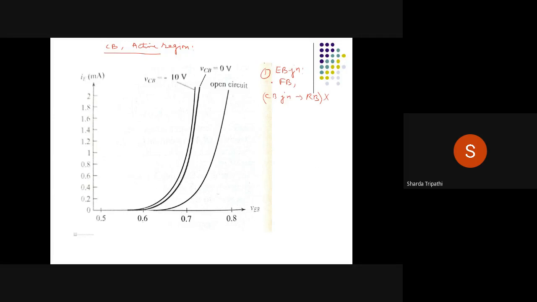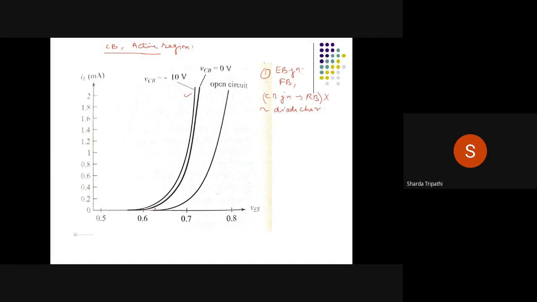So given that this emitter base junction is forward biased, then the plot of current versus voltage is going to closely resemble that of a diode characteristic. So if you recall, in the diode characteristic also, the current versus voltage plot had this type of variation.